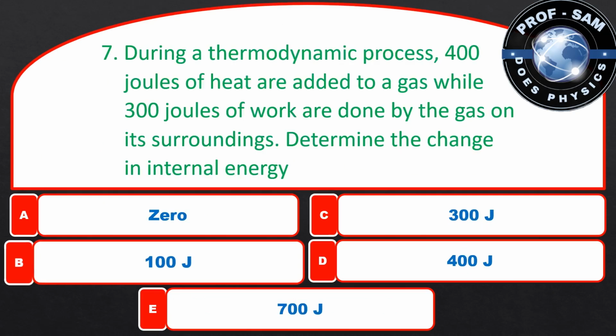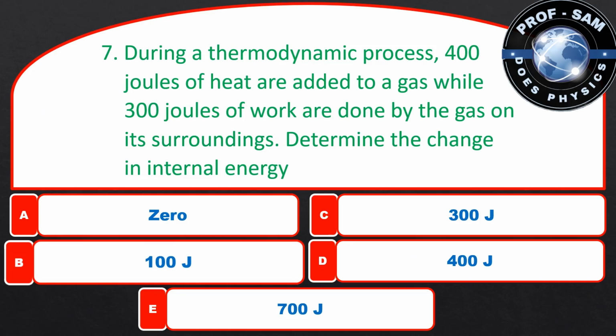During a thermodynamic process, 400 joules of heat are added to a gas, while 300 joules of work are done by the gas on its surroundings. Determine the change in internal energy. So don't forget that based on the first law of thermodynamics, heat is being added to the system according to this question.